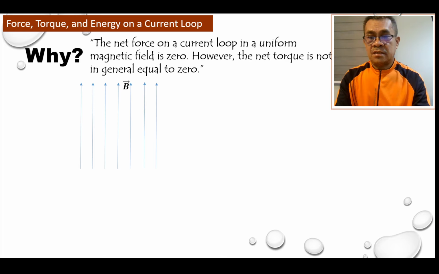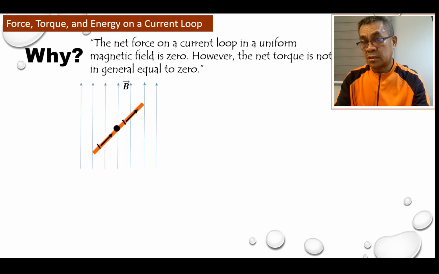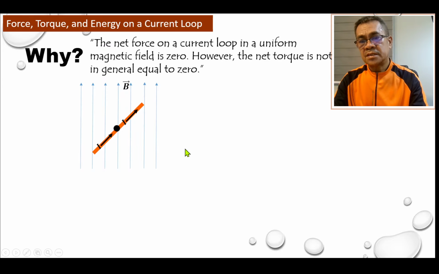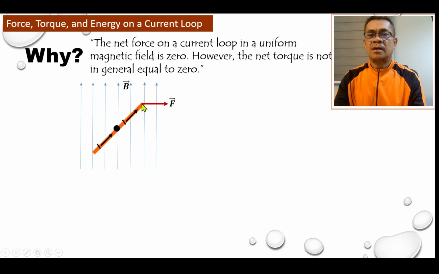Now, suppose we have a uniform magnetic field directed upward on this plane. Then we place a loop conductor. The figure shows only a line, but it is a current loop in the form of a rectangle. This is the side view, and this is the center of that loop.